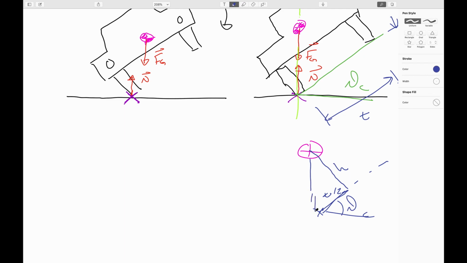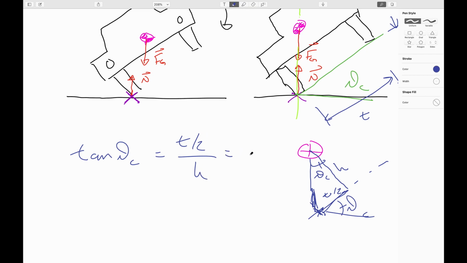And you can do a little bit of geometry to convince yourself that this angle here is also that angle there. So this is also the critical angle. Then we can say that the tangent of the critical angle is equal to t over 2, that's the opposite, over the adjacent h.